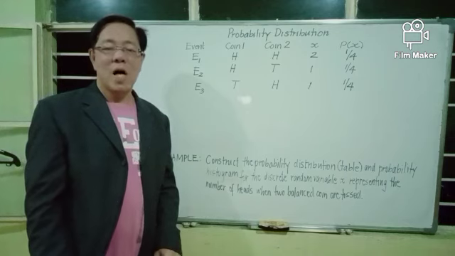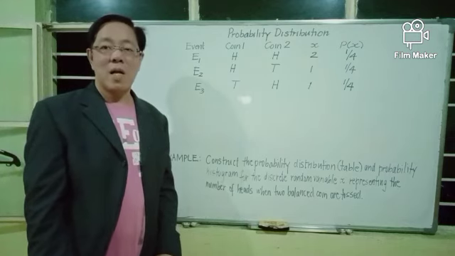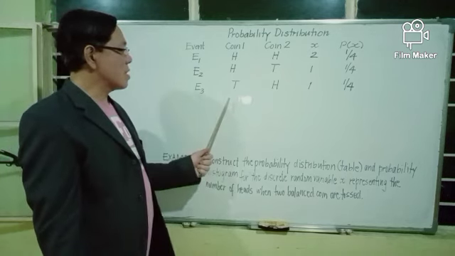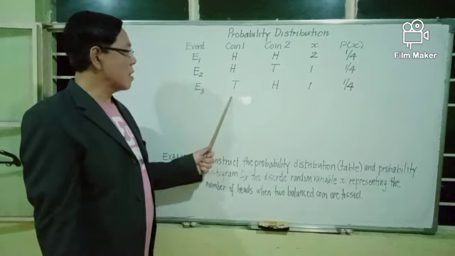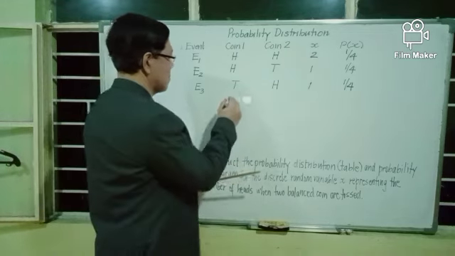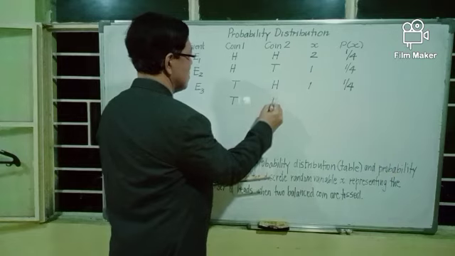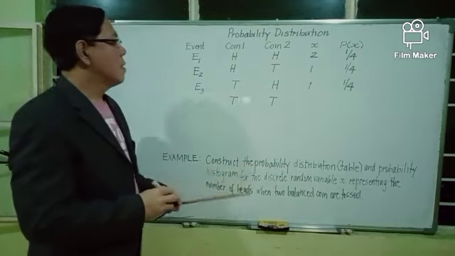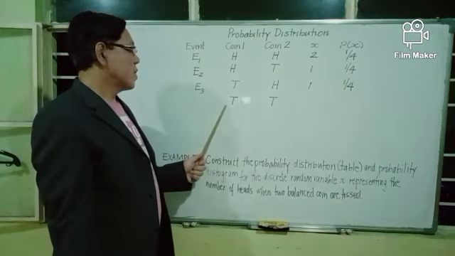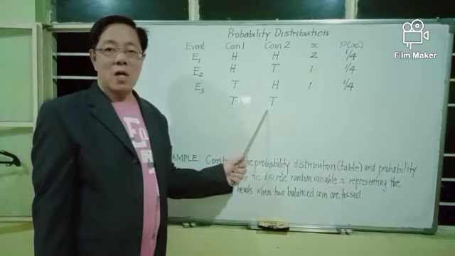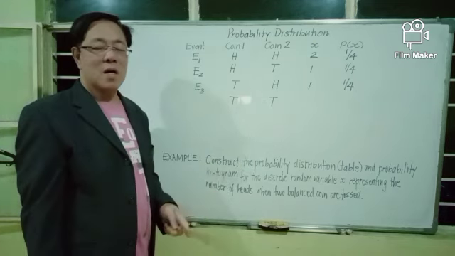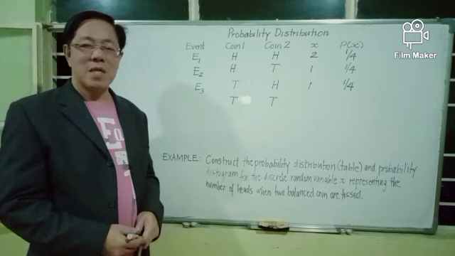The last possible outcome when you toss 2 balanced coins at the same time is the event of getting two tails. You get tail in the first coin and tail in the second coin. For this particular event, we represent this event of getting two tails in both coins when they are tossed at the same time by event capital E sub 4.